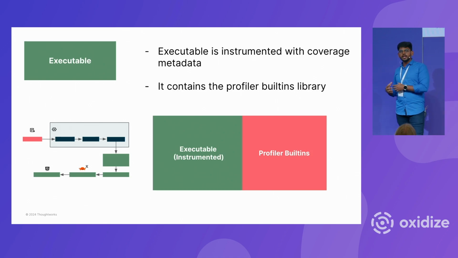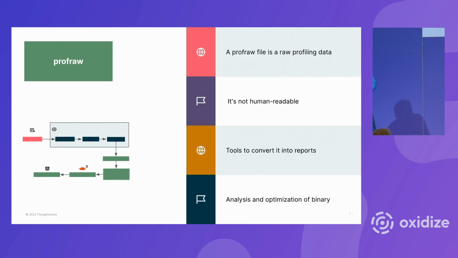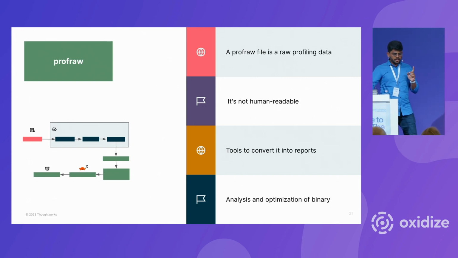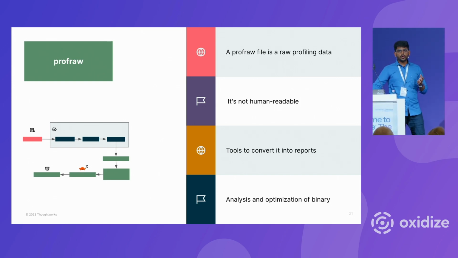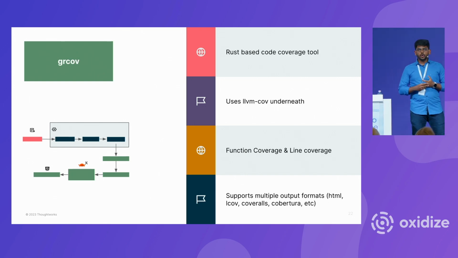It keeps track of them, and once the executable is done, it writes this data back to a file, which is the profile again. It's not human readable. We need tools to visualize it and see what is in there. This is not a report yet. That's why we need tools like grcov or some other tools; there are a lot of different options here. We used grcov, which has different output formats as well.